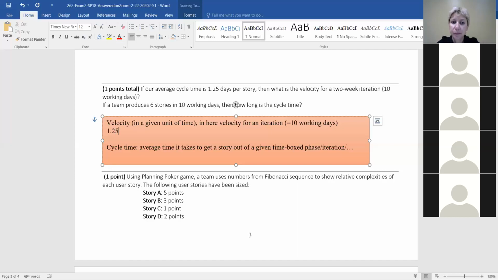10 divided. You have 10 working days. How many of these work units can you fit into 10 days? And work units are 1.25.